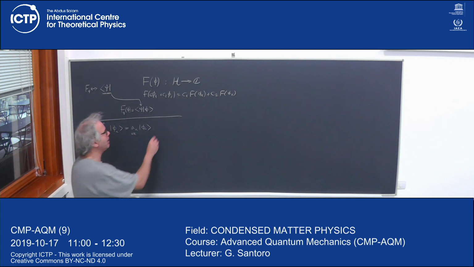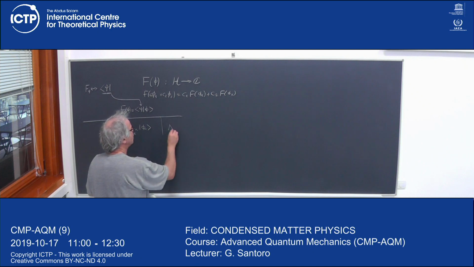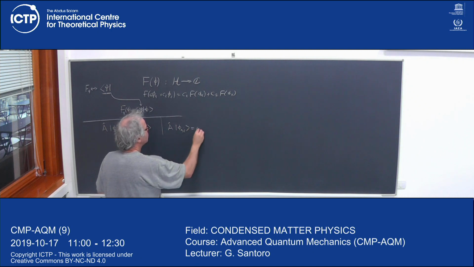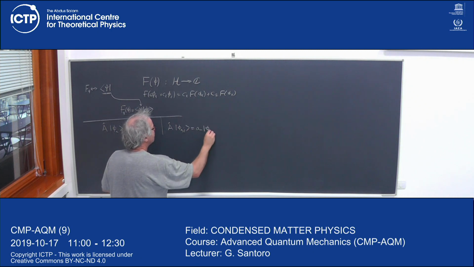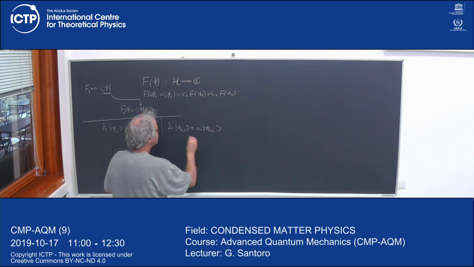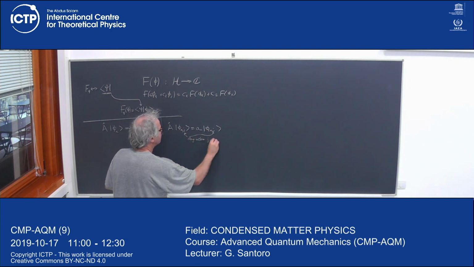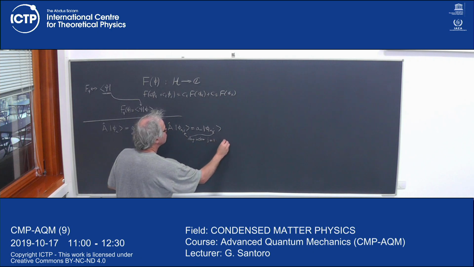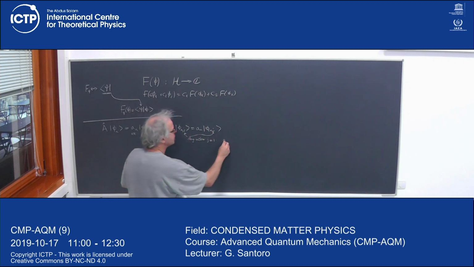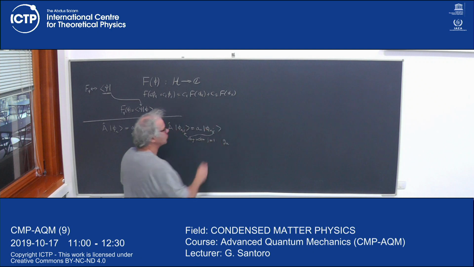In other words, a more general notation would be this: A phi n j equal to a n phi n j, where this degeneracy index, j, runs from, say, 1 to some degeneracy number which I will call gn.